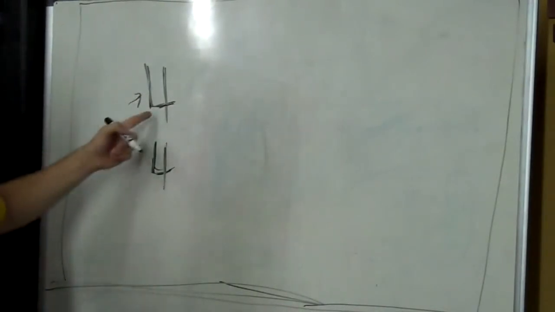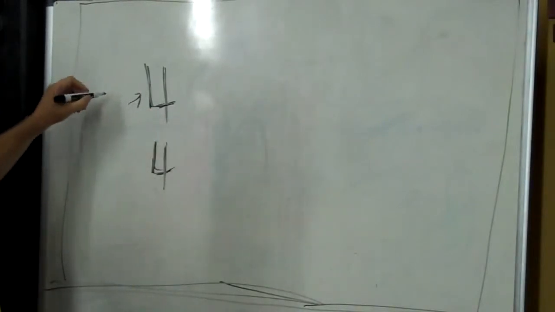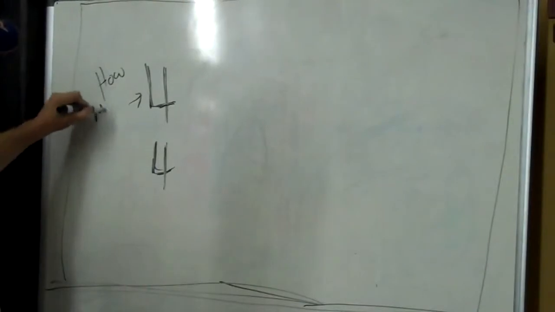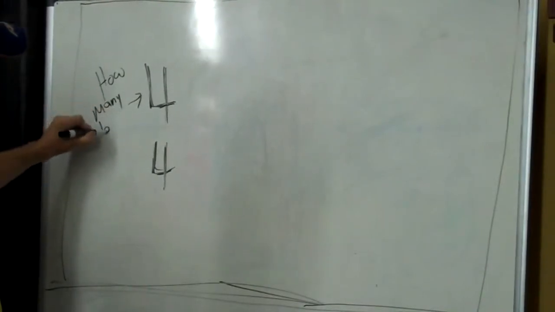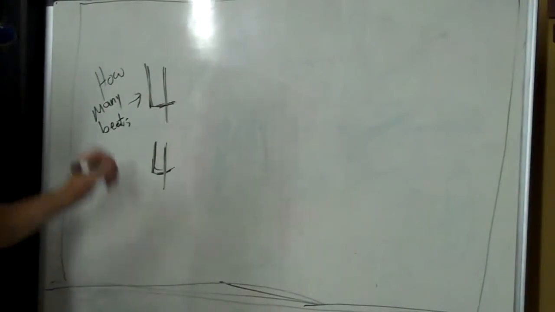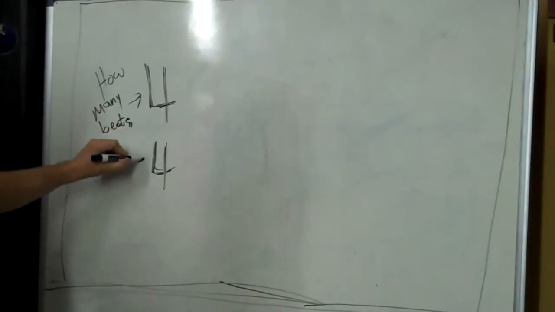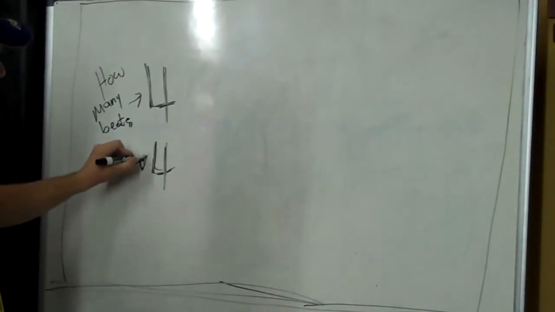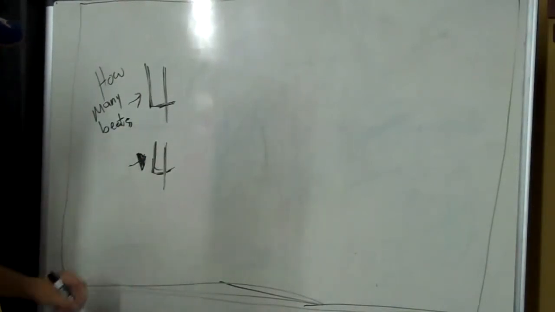Good job. All right. So the top number is going to tell you how many beats are in your measure. So how many beats are in our measure? 4. The bottom number tells us what type of note is equal to 1 beat. And that's kind of confusing, and we don't even really need to worry about it right now.